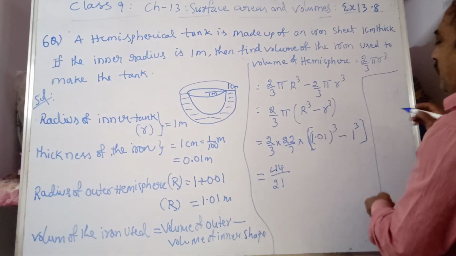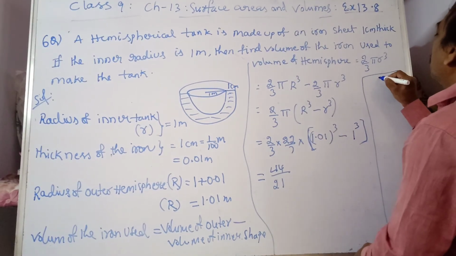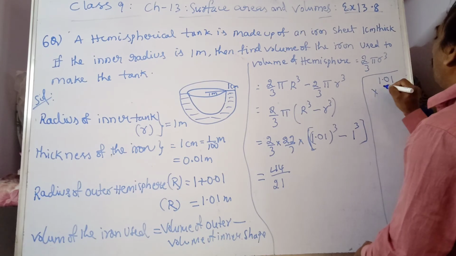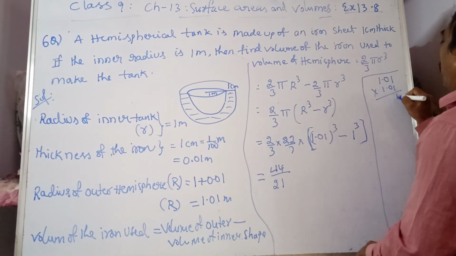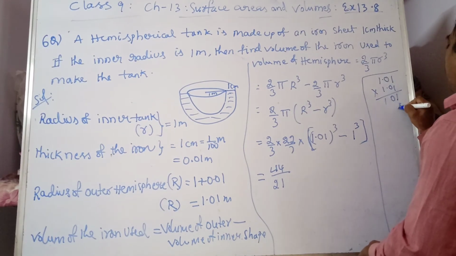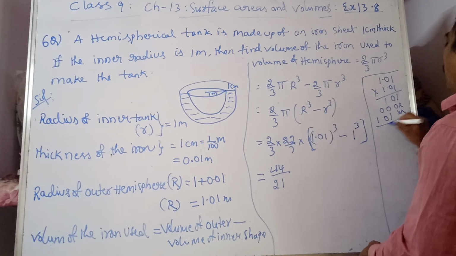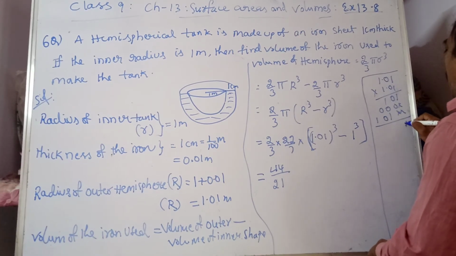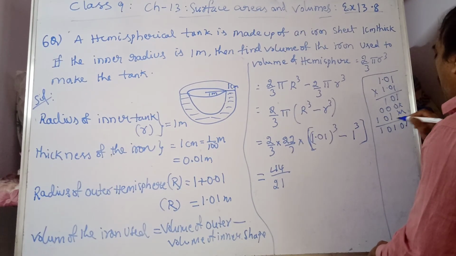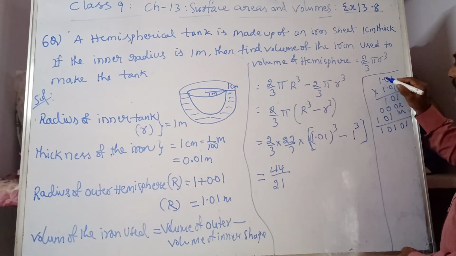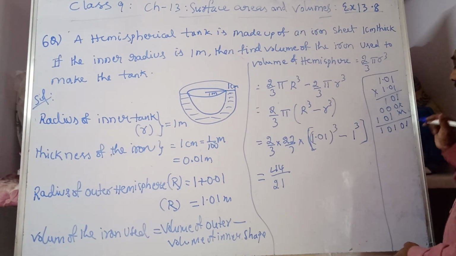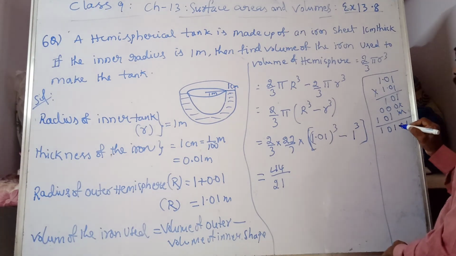Now 1.01 into 1.01: 1 ones are 101, next zeros 0 0, next 1 ones are 1 zeros are 1 1. Observe it, 1 0 1 0 1. There are 2 digits after the decimal point here and 2 digits here, so total 4 digits: 1 2 3 4.